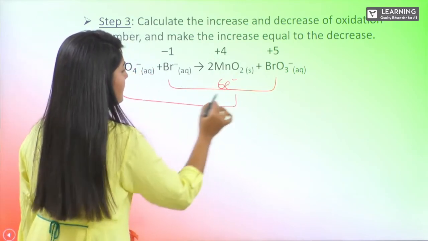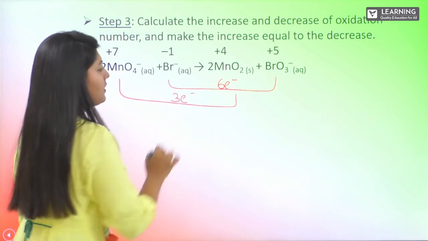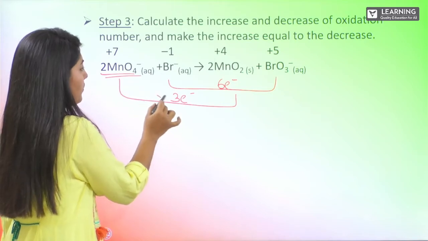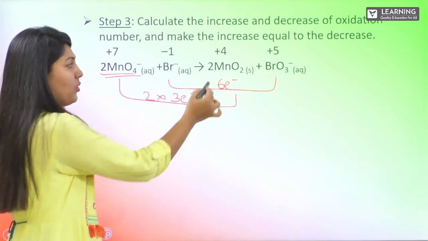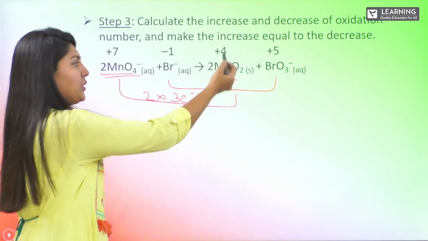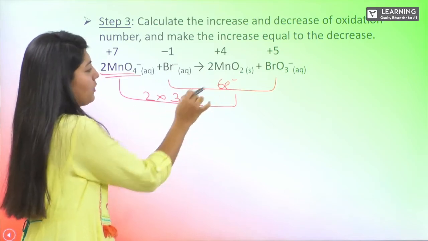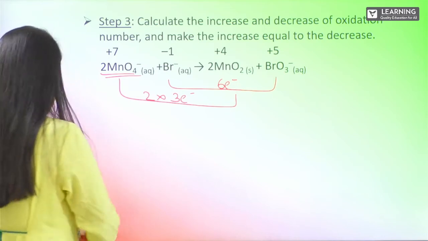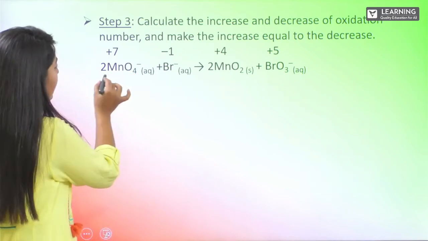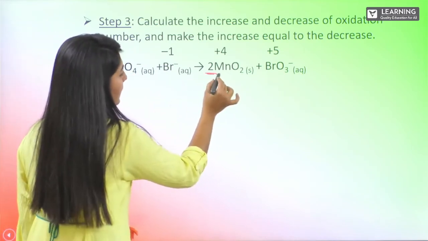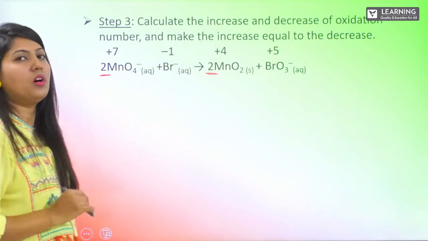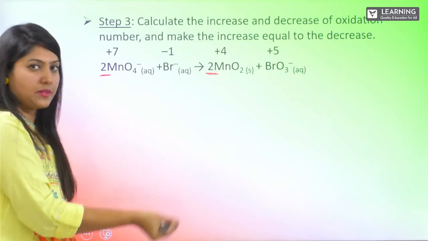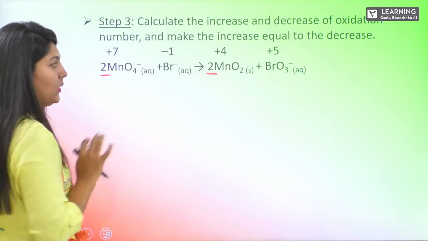Whereas here it is 3, right? So we can directly multiply this with 2 such that we get 6 electrons. No need of multiplying 6 to 3 and 3 to 6, because we can easily multiply by 2 to get an equal number of electrons donated and taken. So we need to multiply 2 for the Mn. No need of multiplying anything for bromine, such that the number of electrons donated and accepted will be equal now.